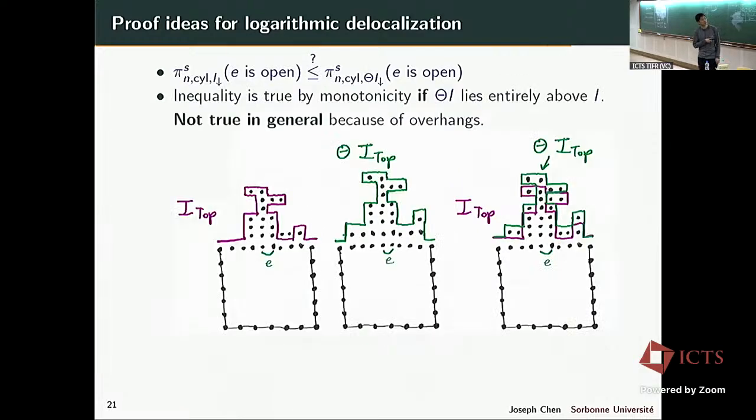But this isn't true in general because we're not a height function. So in this example, if my purple one is my starting interface, and then I lift it up by 1, then you can see in the picture that the subgraph on the left is not contained in the subgraph in the middle.